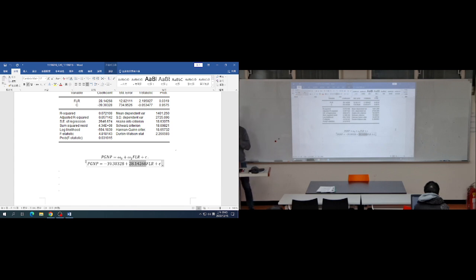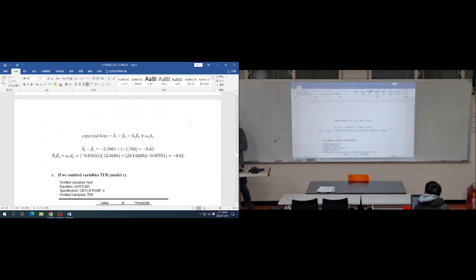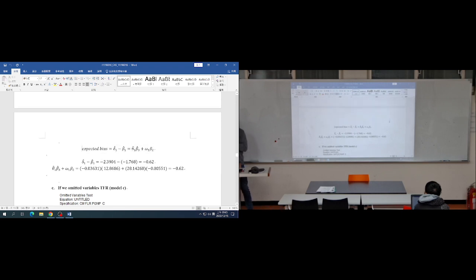Relating both the omitted coefficients and the non-omitted coefficient, that is our formula for the expected bias. So we run the regression analysis with all variables, so here are the two coefficients if we don't omit the variables.